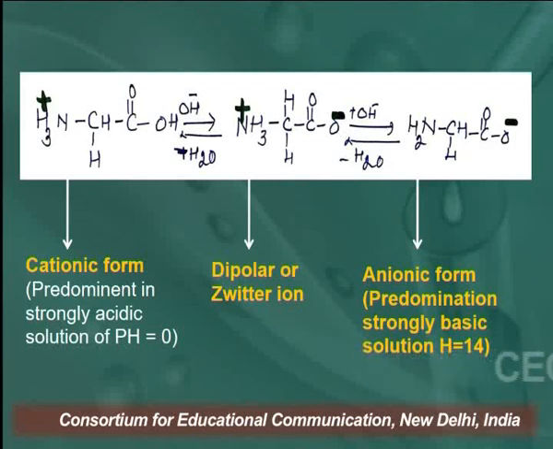In between them there is a dipolar ion or Zwitter ion. So between the cationic and anionic forms we find a stable form of the amino acid called the dipolar ion or Zwitter ion, which has one positive charge and one negative charge.